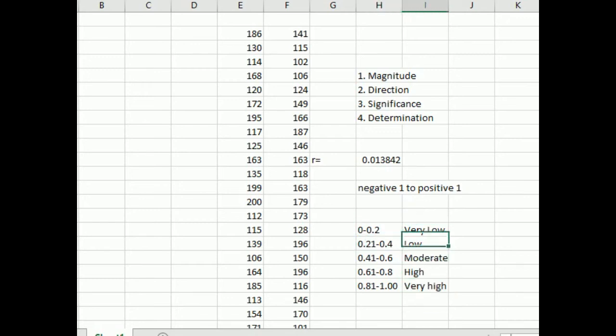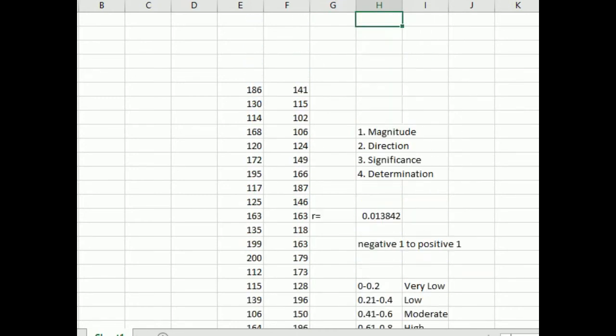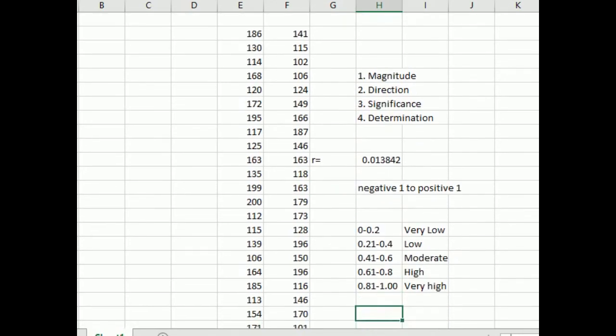Now in the direction, you will just put either positive or negative. So in this case, we have a positive but very low or very weak positive relationship. Now for the significance, I cannot compute this here in Excel, or I don't know yet if there is a thing that you can do to get the significance in Excel. But in the SPSS output, this is signified by the p-value or the sig value.